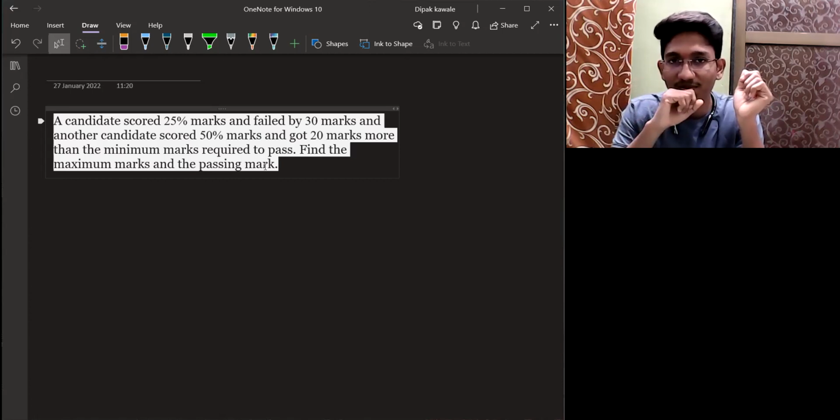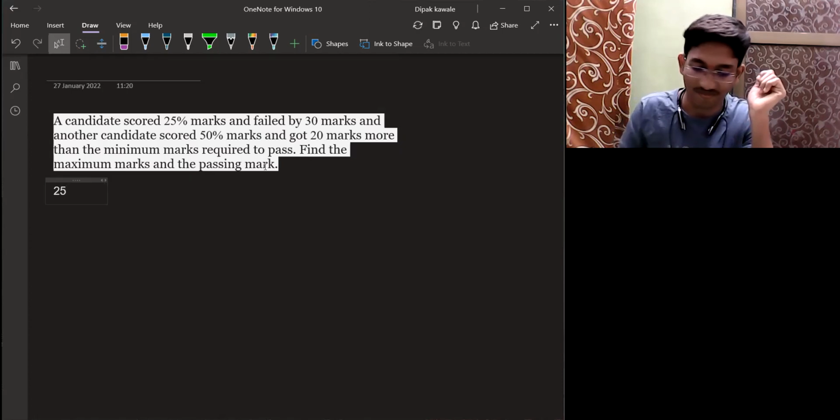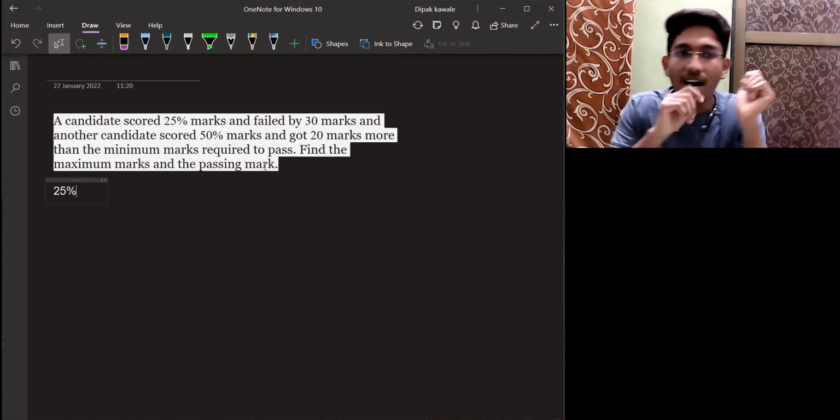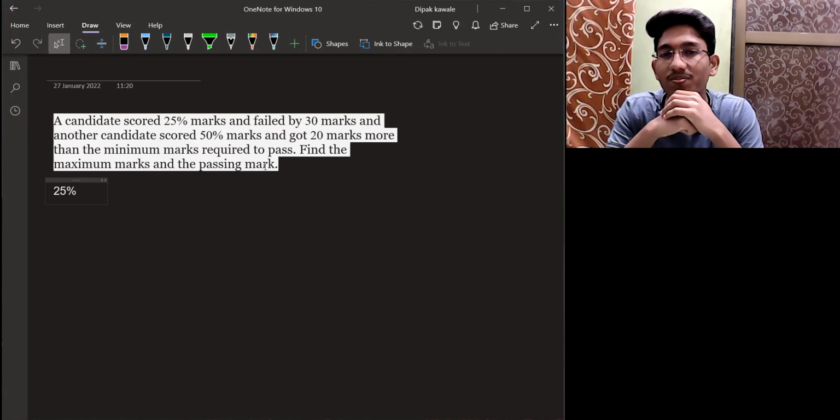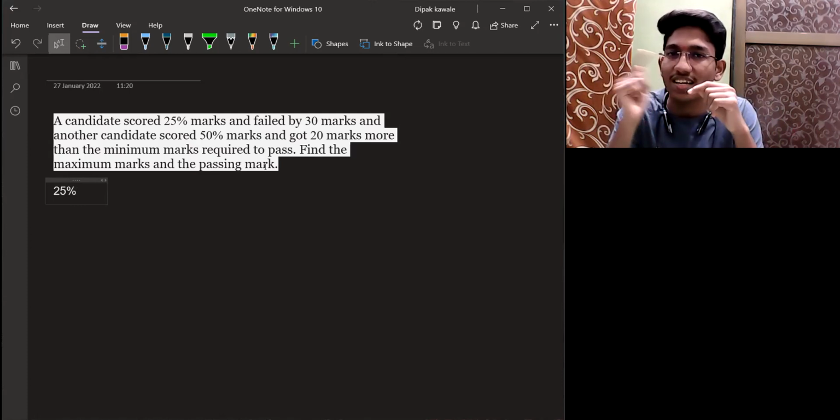What is the difference? My 25% is 30 less than the minimum marks, and my 50% is 20 more than my minimum. So my total distance is 30 plus 20, that is 50.